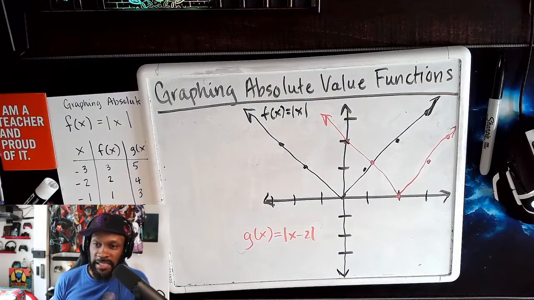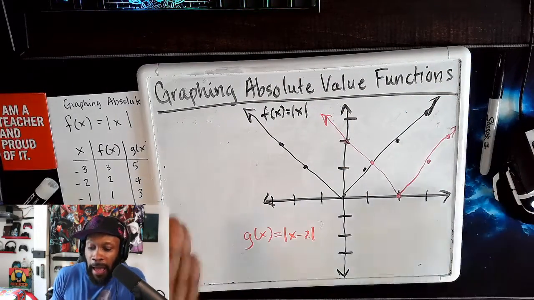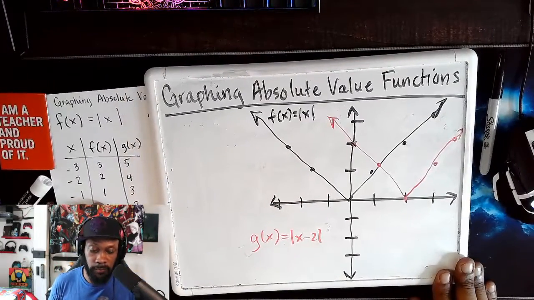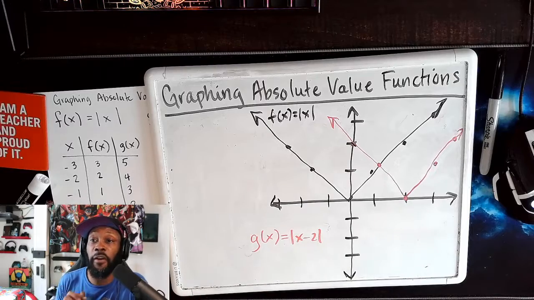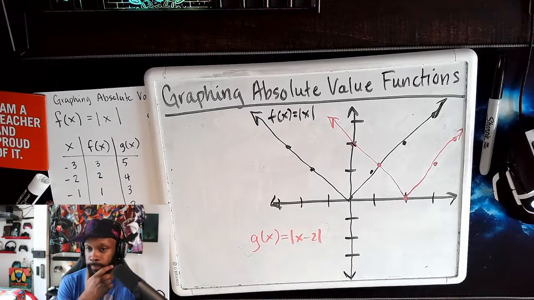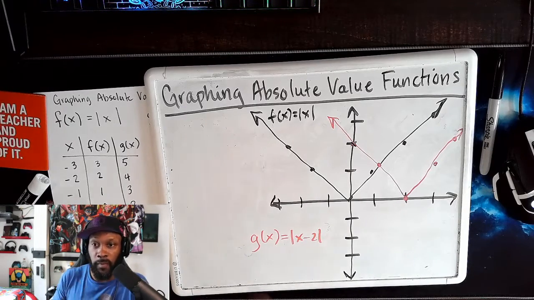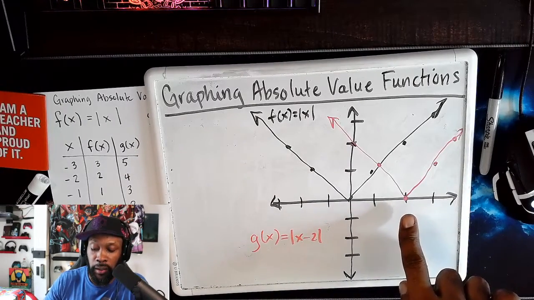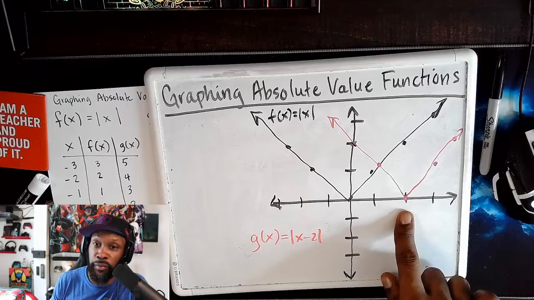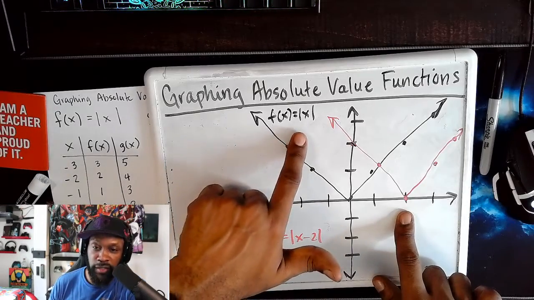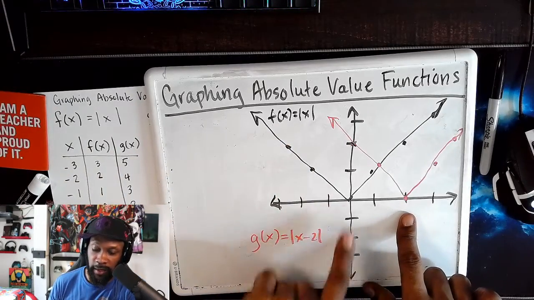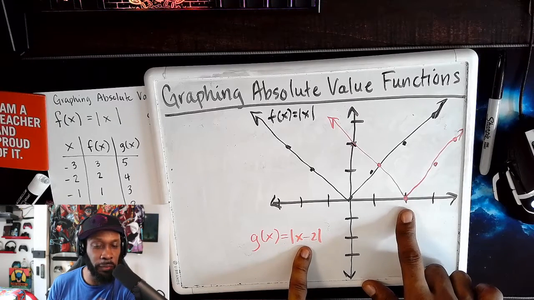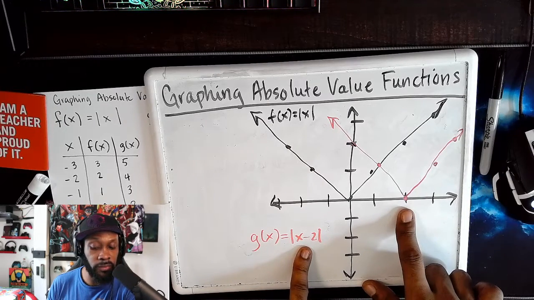Now, essentially, look at what happened. What did you notice? You should have noticed the same type of graph, but what happened? It shifted. This graph shifted to the right 2. Interesting. Our original f of x graph starts here, but when I put in an x minus 2, it shifted to the right 2.